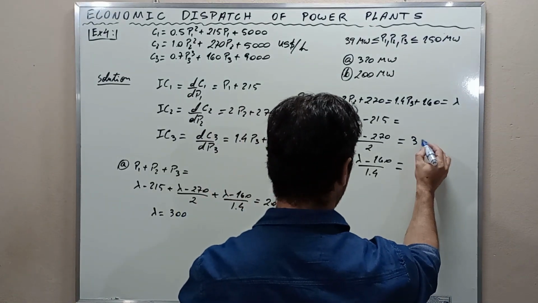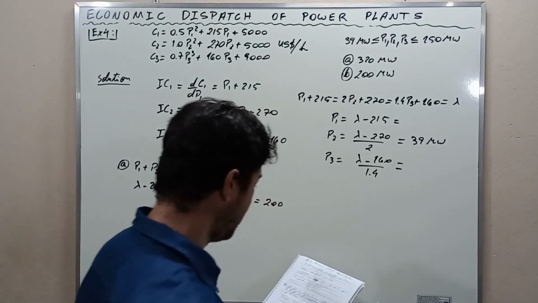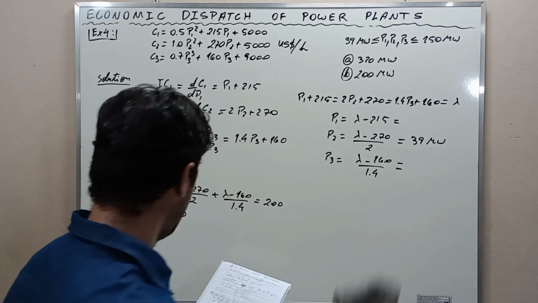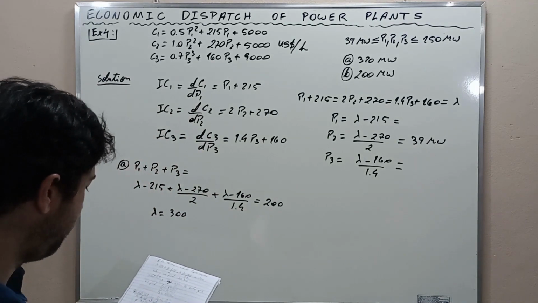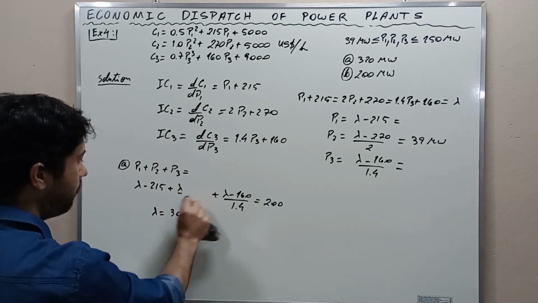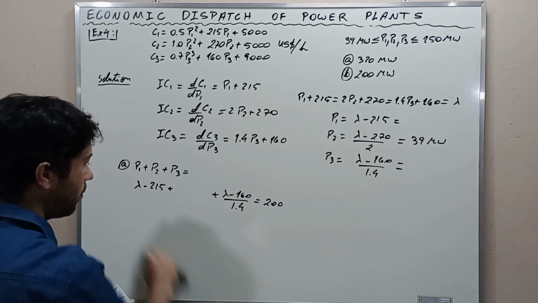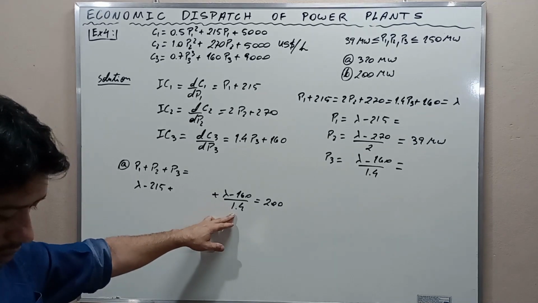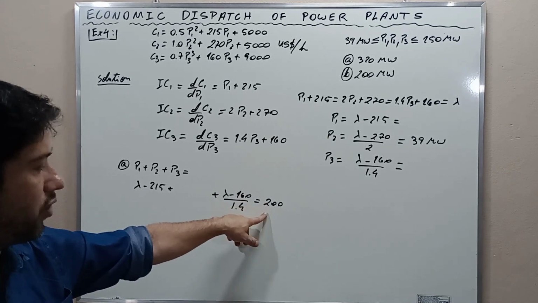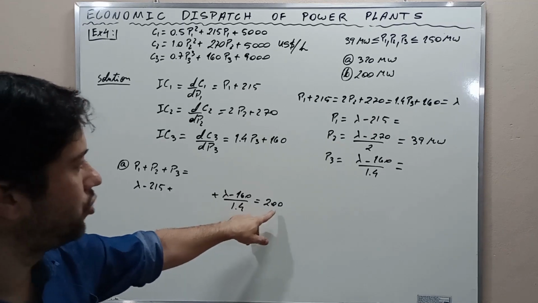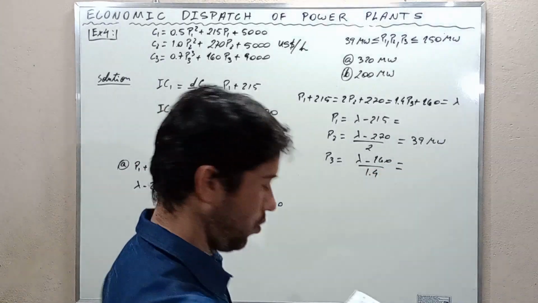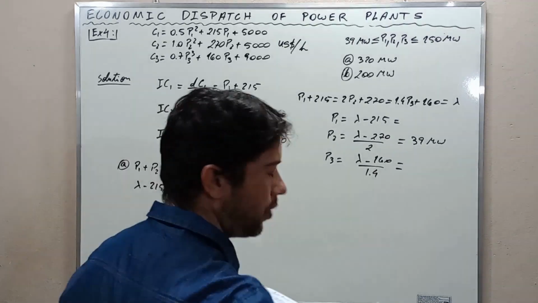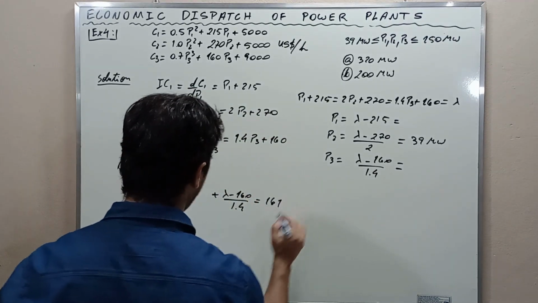So it is 39 megawatts here. We are going to remove P2 from the equation, and we are going to solve only for this. But notice that instead of 200, it is going to be 200 minus 39, which is 161. So here it is 161.